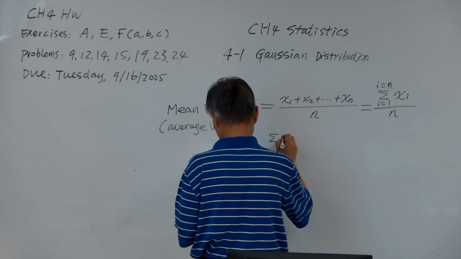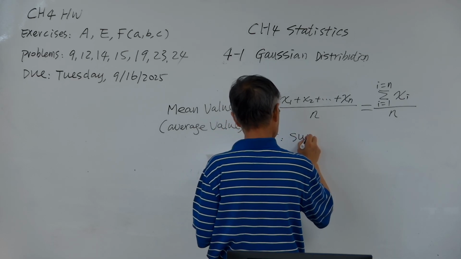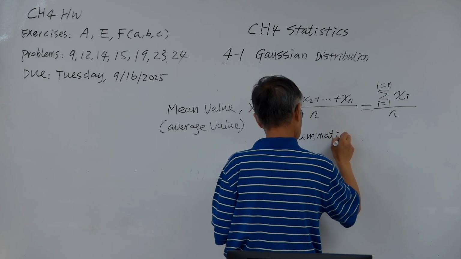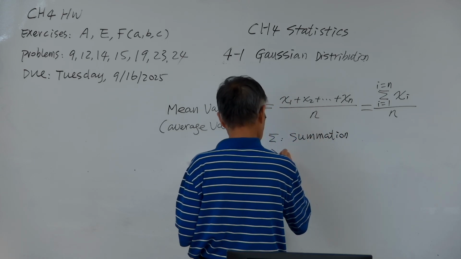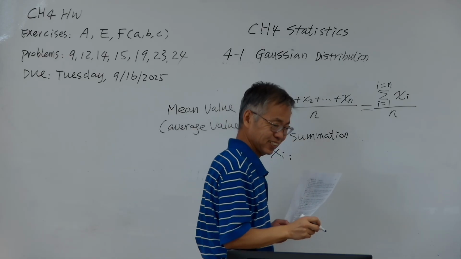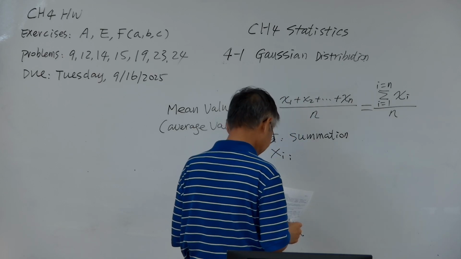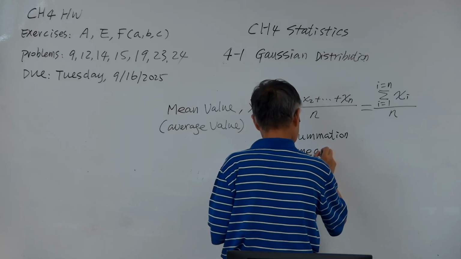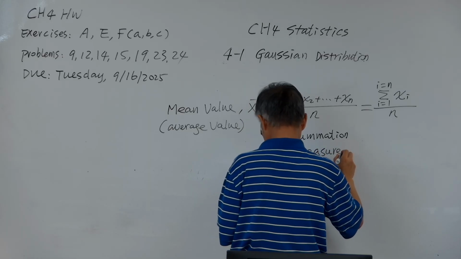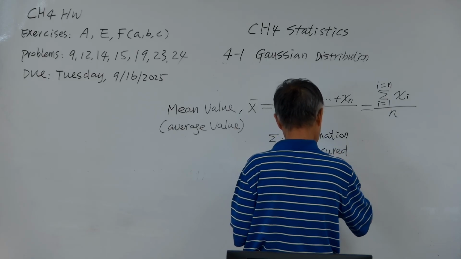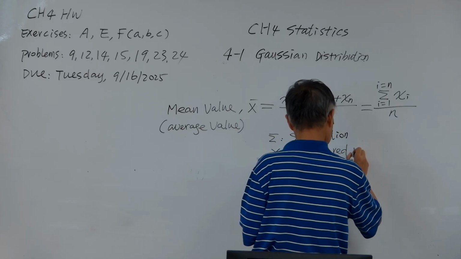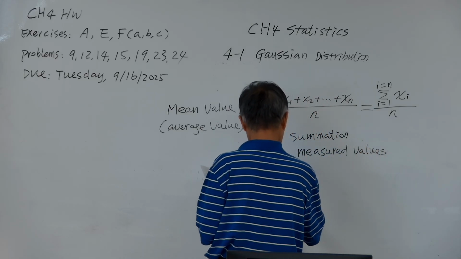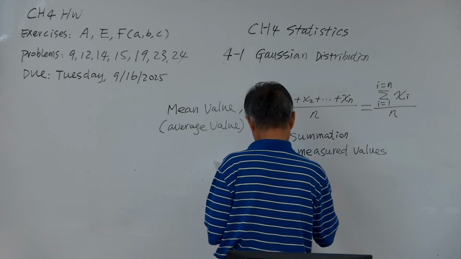In math, sigma means summation. Sum, yes. So xi is each measured value. N is the number of measurements.